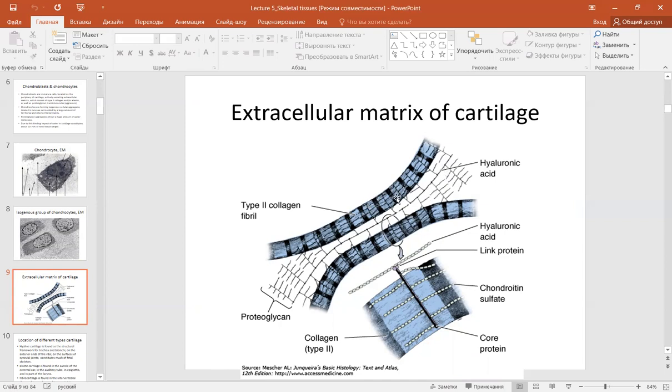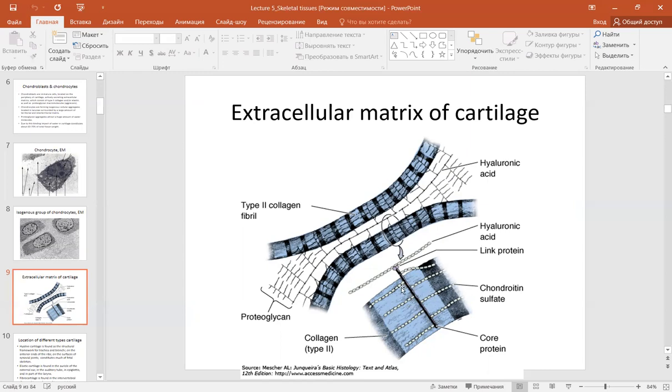In between the collagen fibers, there are proteoglycan macromolecules, which include hyaluronic acid, connected by a linking protein with the core protein, and to this core protein, chondroitin sulfate and dermatan sulfate and other sulfated glycosaminoglycans are attached, and they bind a huge amount of water molecules.